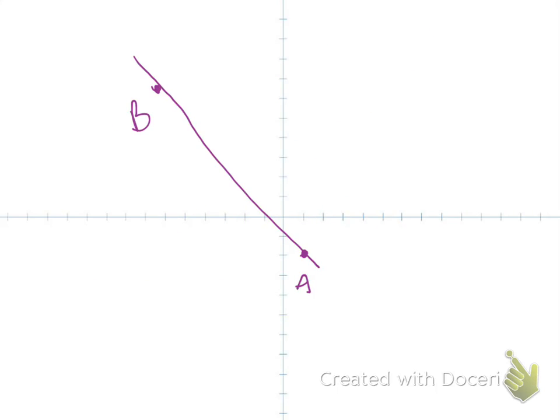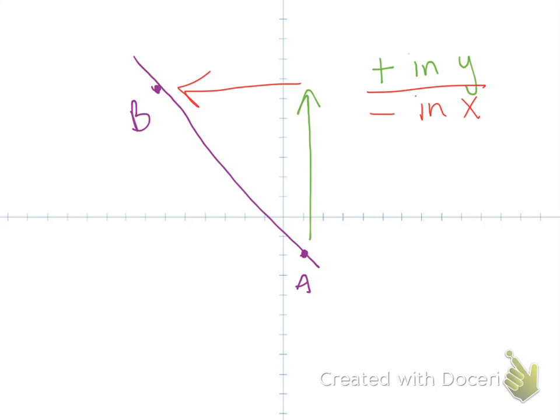This one, instead of the A being on the left, the A is now on the right. The A is right here on the right side. To go from A to B, in the y direction I go up. Remember, that is positive in the y, but on the x I go left, which is negative in the x direction.